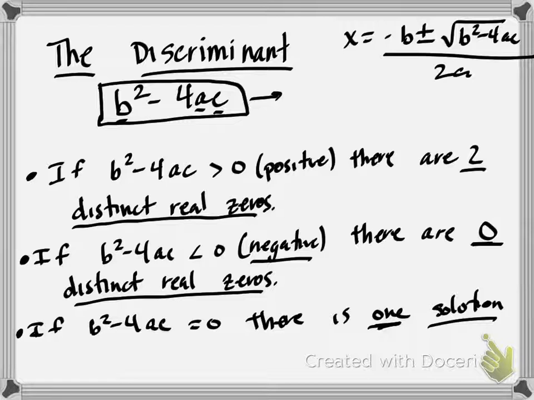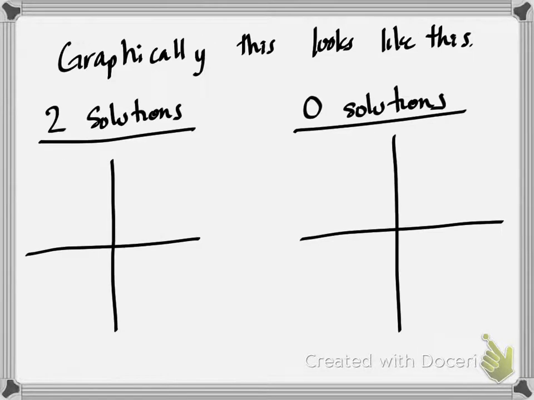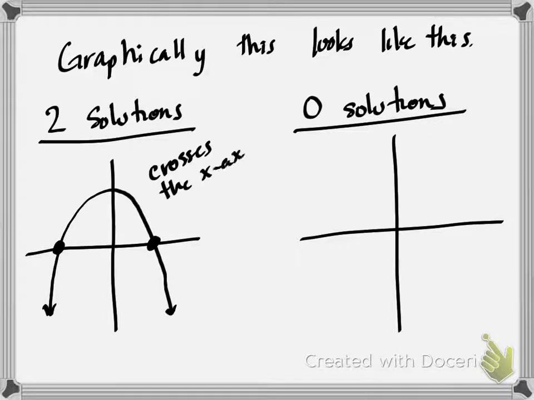Now, on the con practices, they also show you some graphs. If you have a quadratic that looks like this, it's going to ask you, is the discriminant positive, negative, or 0? What you have to look at is how many times the graph crosses the x-axis. This crosses the x-axis twice.